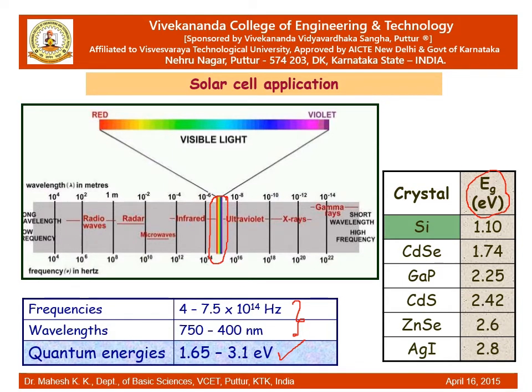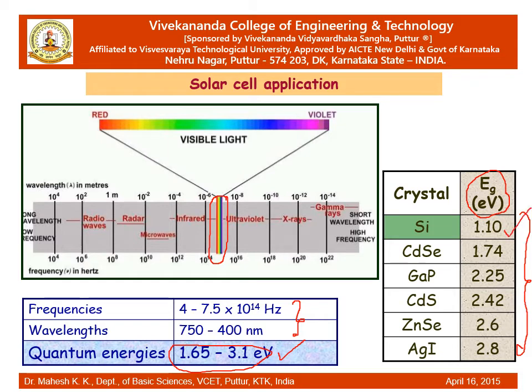We could use certain elements or semiconductors for absorbing the light, because only semiconductors with an energy band gap in the range of the quantum energy of visible light can convert sunlight into electrical energy. I have listed a few, but because of technical reasons or feasibility, some of them are still in laboratory conditions.